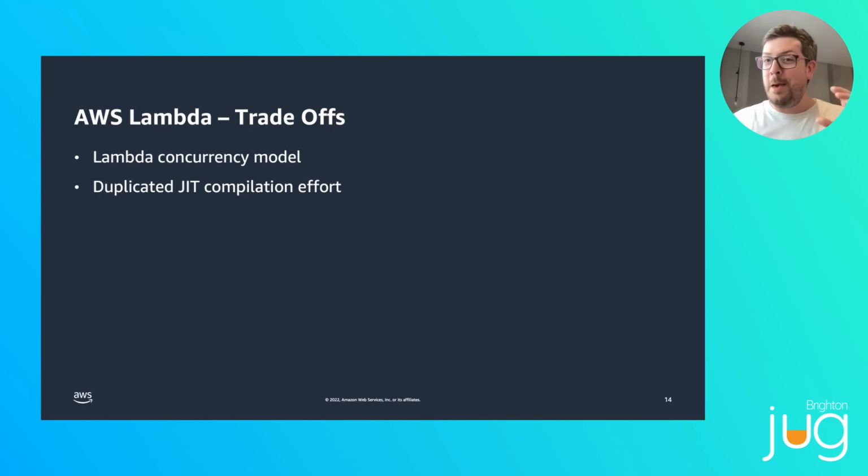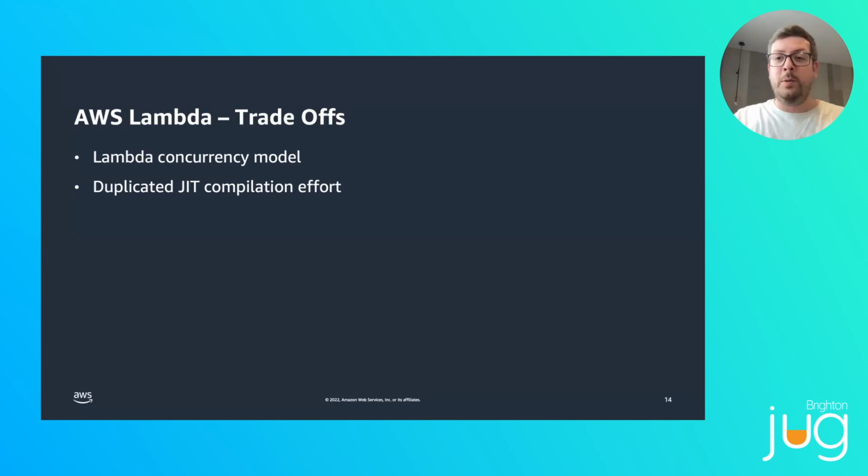These micro VMs boot up very quickly, but each micro VM will have a JVM, which holds your application code. And the more code that you load into the JVM, the more time it takes to start up. And that's just the style of programming that we're used to working with in Java. But that means that each JVM also has a just-in-time compilation characteristic.